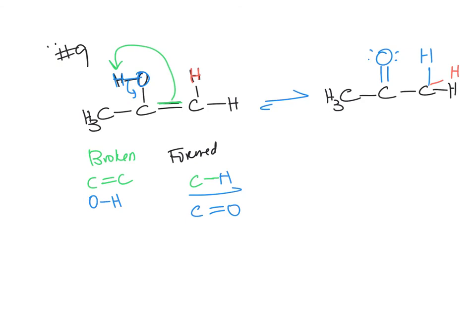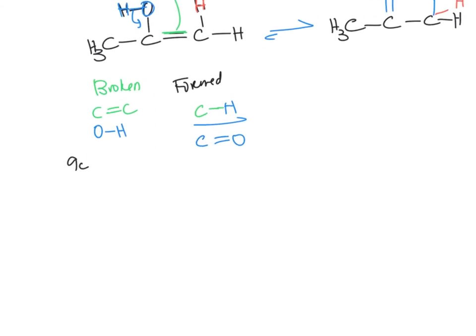Draw the keto forms for each of the following enols. So for 9C, draw the keto forms. And I like drawing my little electron flow arrows, so I will draw mine that way. You don't have to if you don't want to, but it might make your life a little easier.